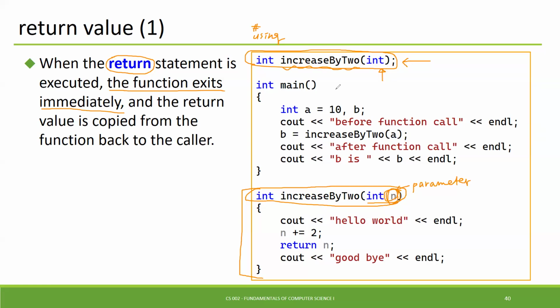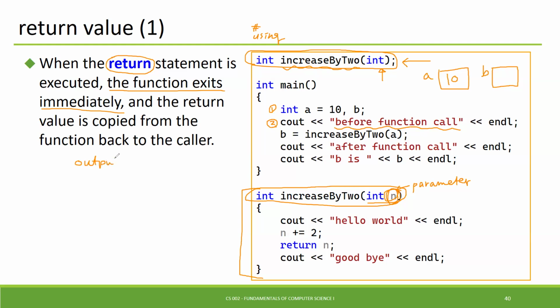Okay, let's follow the code. A is 10. B has a trash, garbage value, because I did not initialize it. When I run the code, this is the first line, and the second line, before function call, will be printed out. So I will show you here the output of the code.